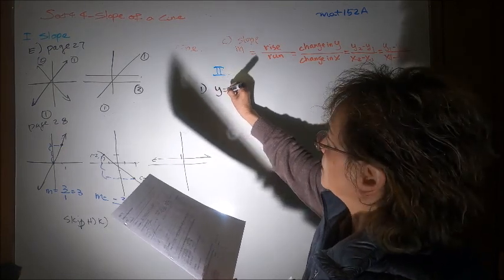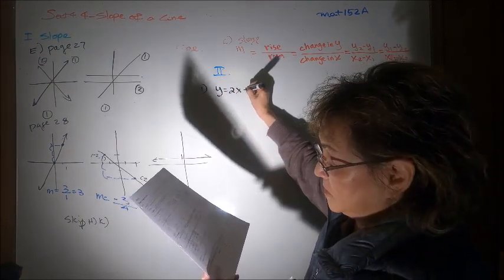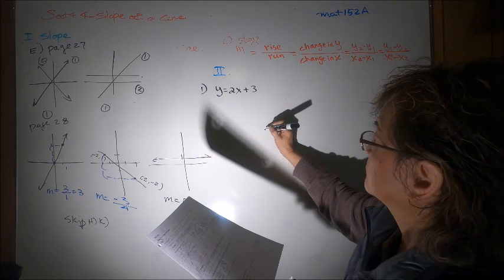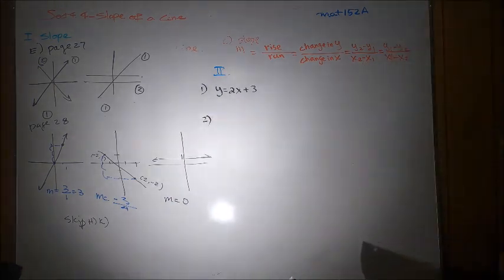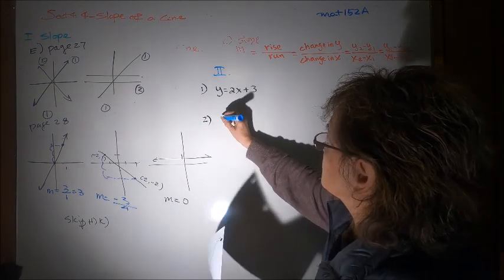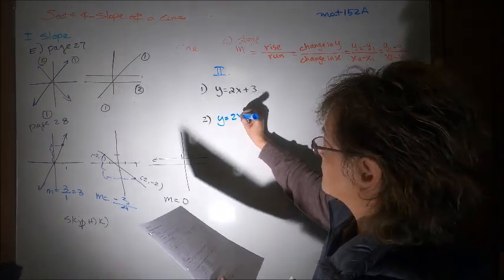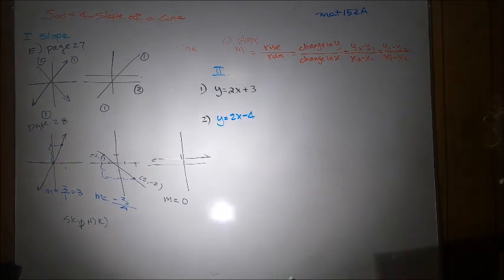First one, y equals 2x plus 3. Second one, we have y equals 2x minus 4.